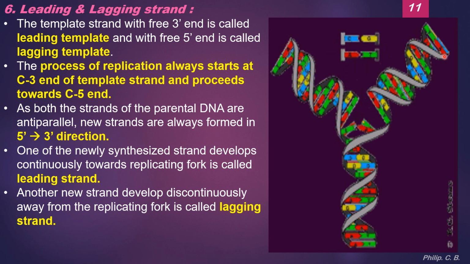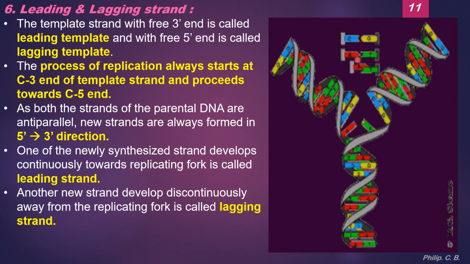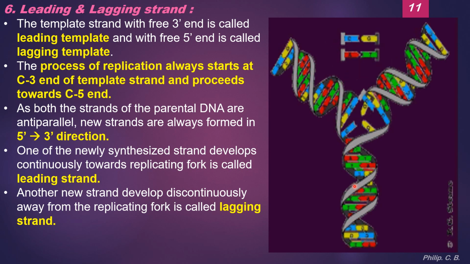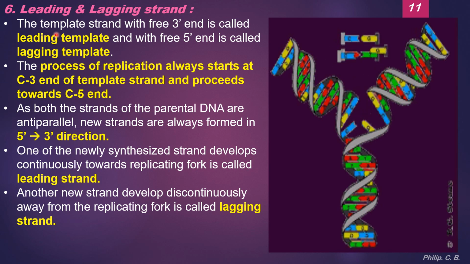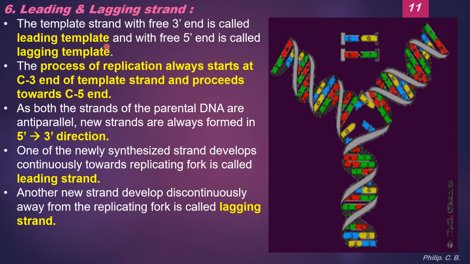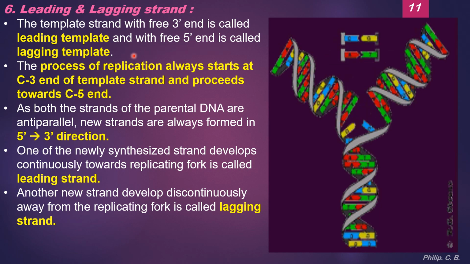So you can see here the Y-shaped structure where from the pool the ATGC nucleotides are joining to form the complementary strand, forming the leading and the lagging strand. Here you can see the template strand with free 3' end is called leading template, and with 5' end is the lagging template.